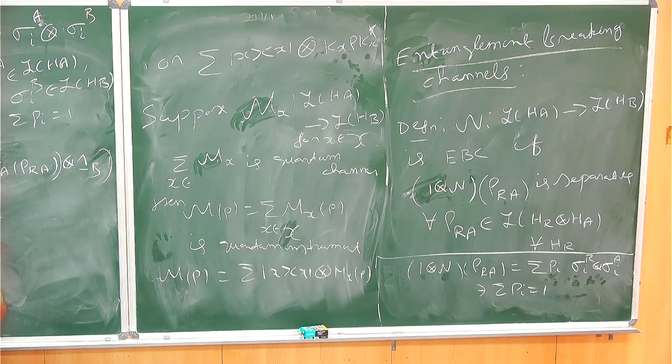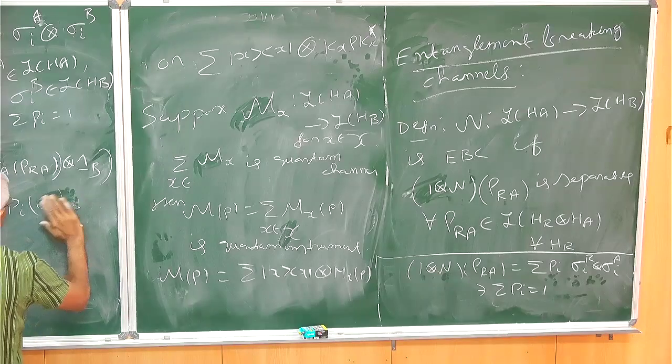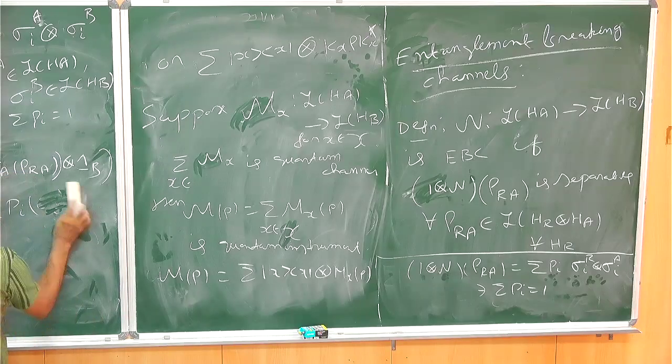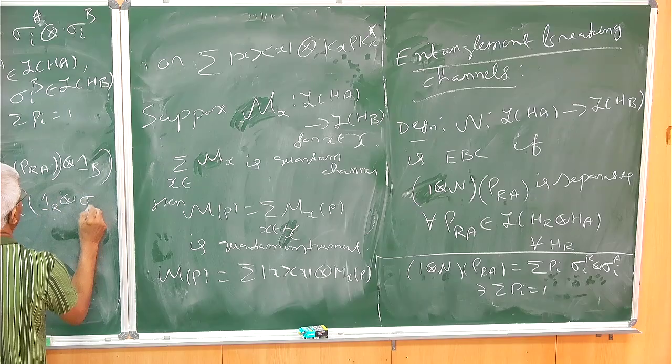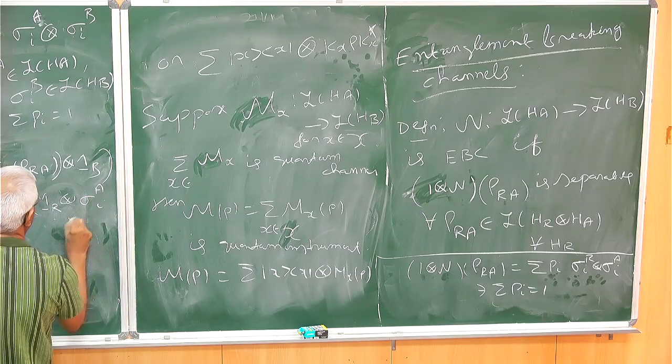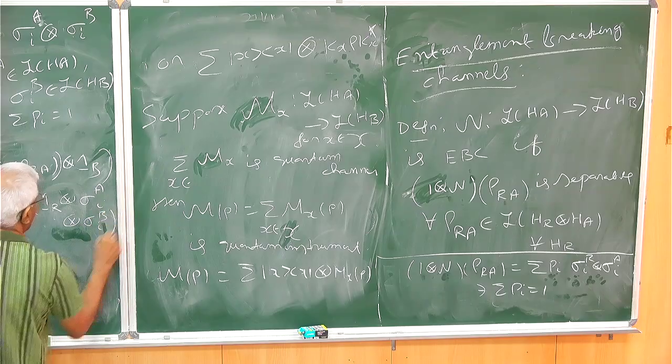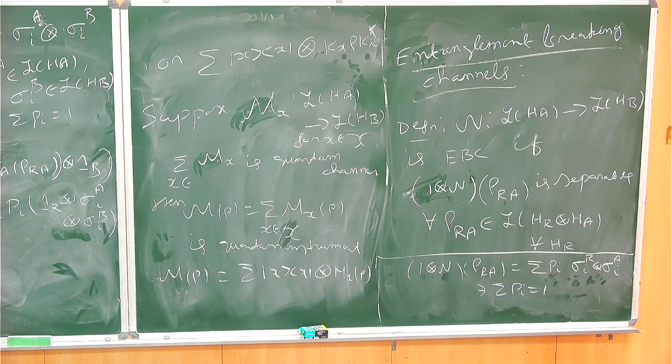Then summation, whatever, P_i, sigma AI tensor, 1 R tensor sigma AI tensor sigma BI. I have just substituted this and used the fact that this is the product state.